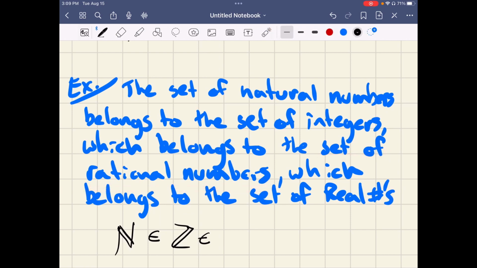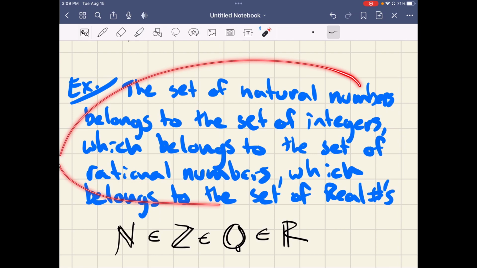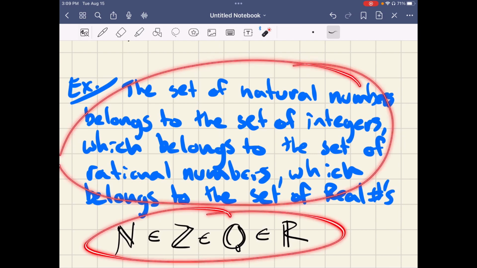Rational numbers, if you remember, was a Q, with the double bars on the outside of the Q, and that is an element of. And the last one is the real numbers, represented by the R with the double bar right there. So again, I took this long phrase and simplified it into this quick series of symbols.